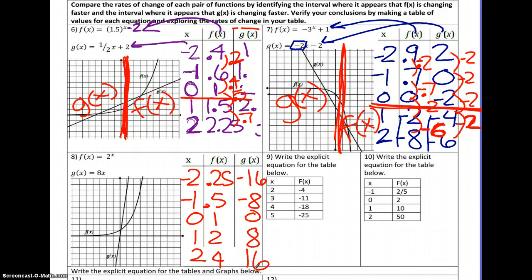So again, we would go through and find the rate of change between every single point that you're given. Here, that's 0.25. This is 0.5, 1, and 2. Here we've got 8, 8, 8, 8, the whole way through.